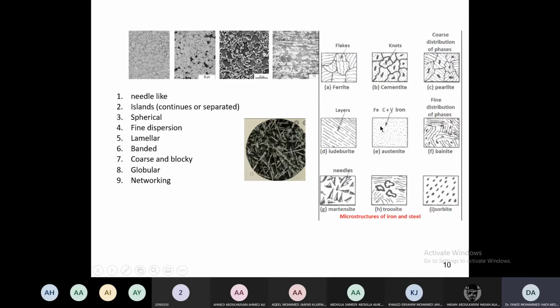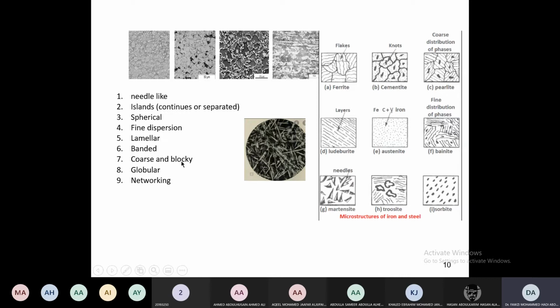Here you have a lamellar configuration, and we will see more of the lamellar configuration in the pearlitic structure. I forgot to put the pearlite structure here, but anyway, this is a banded structure. You see lines of one phase and the other phase.